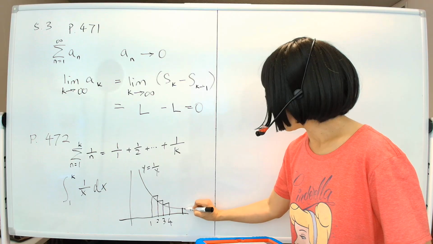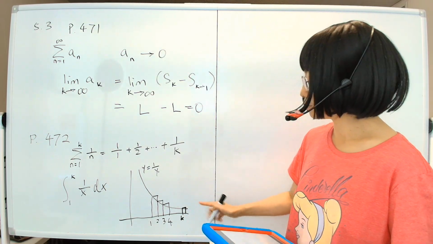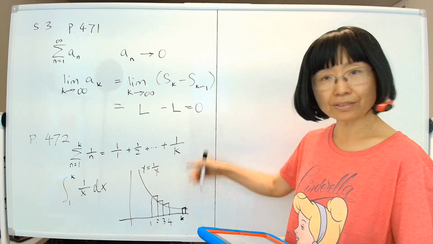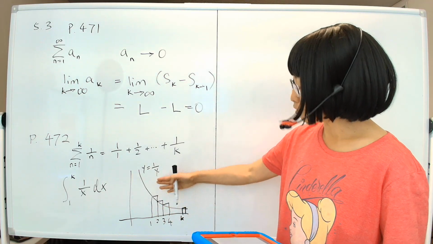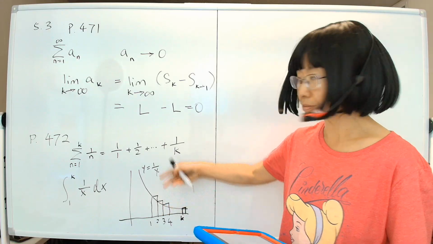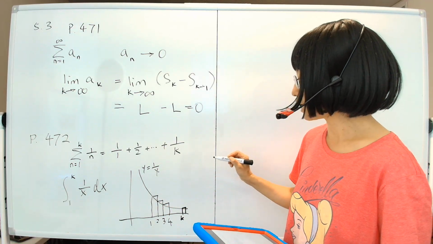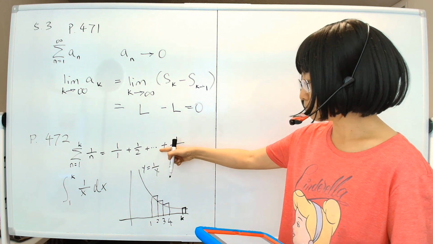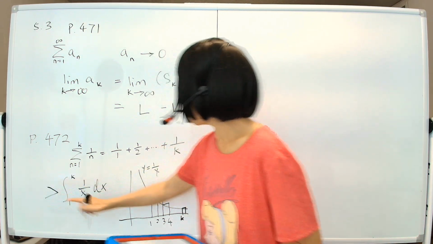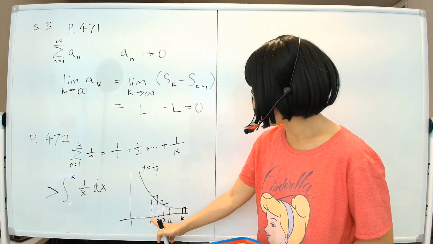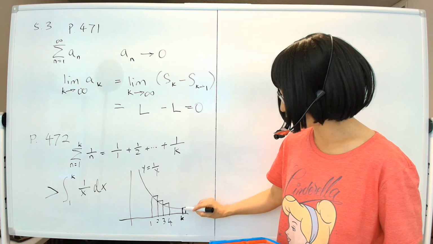Each rectangle will stick out above the graph of 1 over x, which means that this sum is bigger than the integral from 1 to k. Because when you integrate from 1 to k, you're only going from this line all the way to this line.